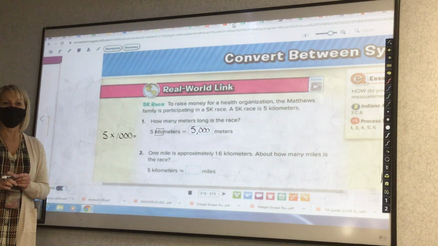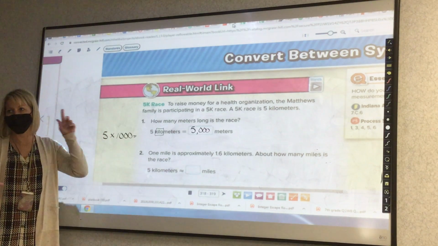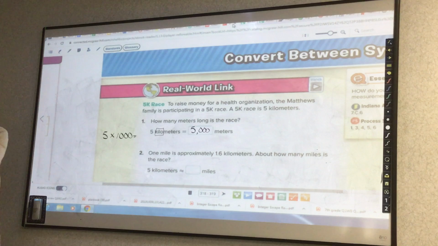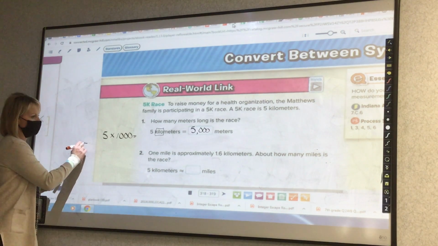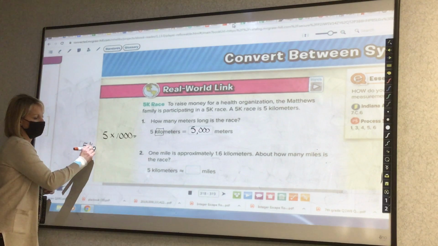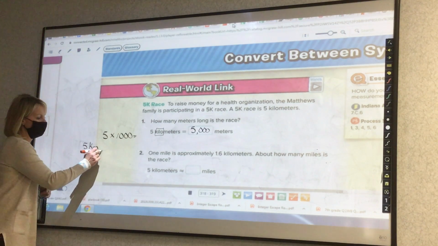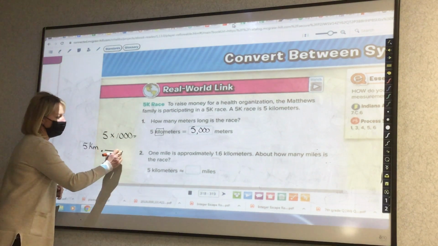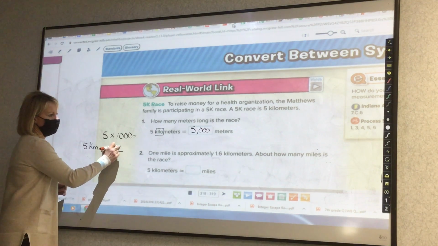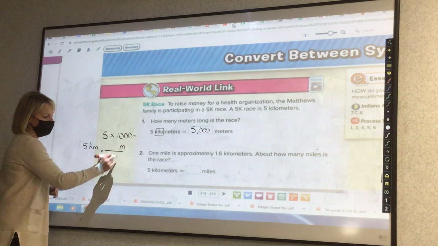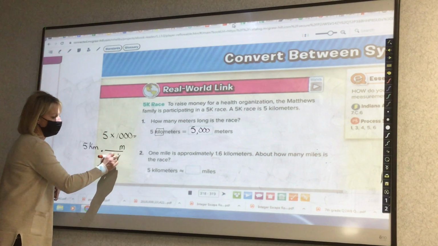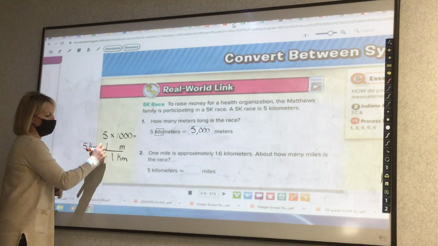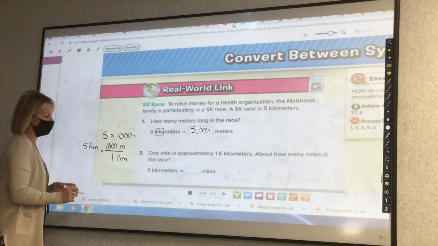Okay? Now, I set it up like this, but now I'm going to take it one step further. The reason it's in this chapter right after multiplying fractions is because you're really doing some multiplication. I have 5 kilometers, and I want you to set it up like this, times, I want to change it to meters. So I know that 1 kilometer is 1,000 meters.